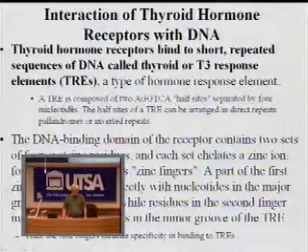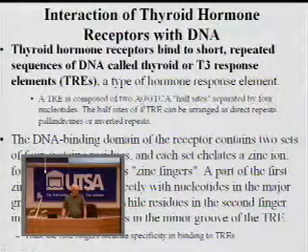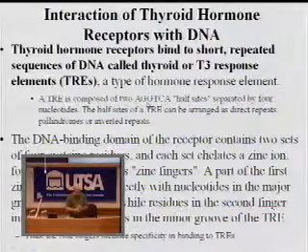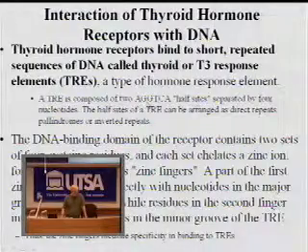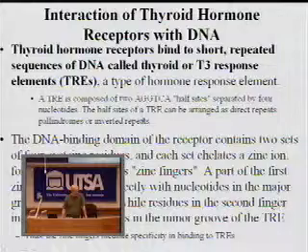A TRE is composed of two AGGTCA half sites separated by 4 nucleotides. So AGGTCA. Are you beginning to store into your memory all these different consensus sequences for the response elements that have been assigned? The half sites of a TRE can be arranged as direct repeats.